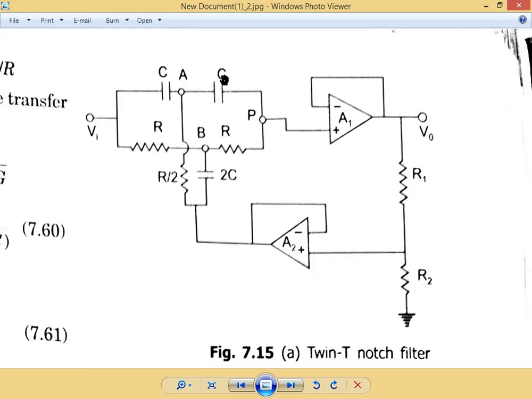Plus, again this path is completed and this path is completed.